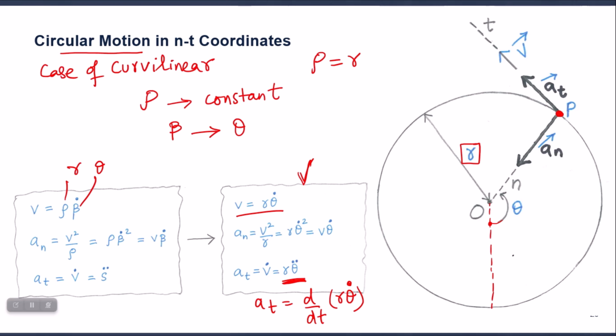If you have a circular motion case, you can either use the nt coordinate system or the polar coordinate system. Both will actually result in the same equations, as we will see in the next weeks when we discuss the polar coordinate system. So you can use either nt coordinates or polar coordinates to describe the circular motion.